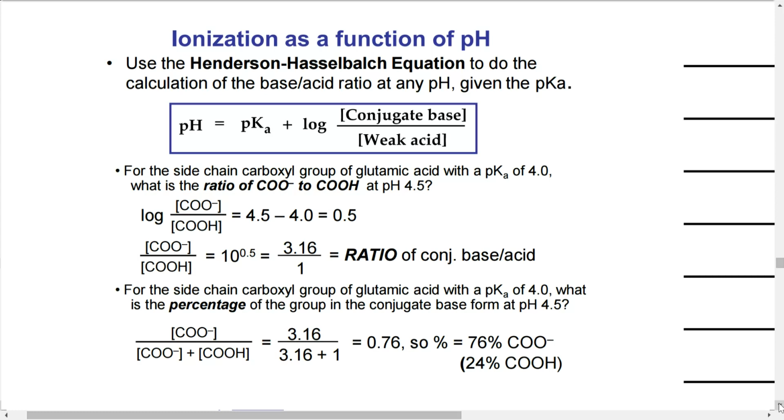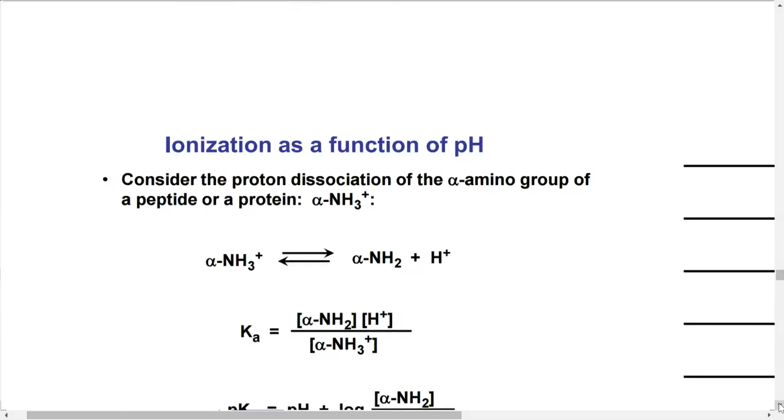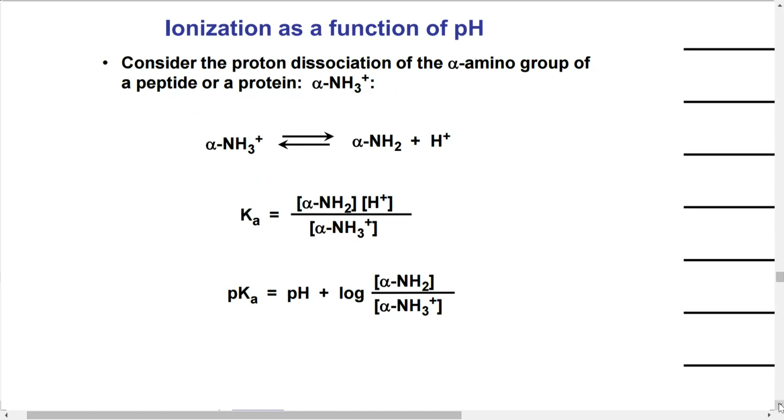Okay, if you look at the NH3 group, same thing, there's the Ka. We can now do the same thing. I can ask the same question. The pK of the amino group of a peptide or protein is 8. What is the ratio of the conjugate base to the acid at pH 7? I plug that in. Same thing.